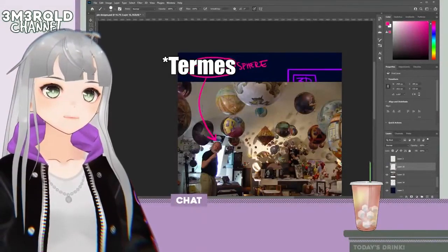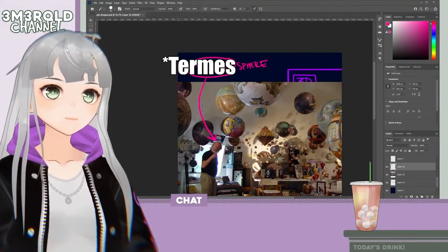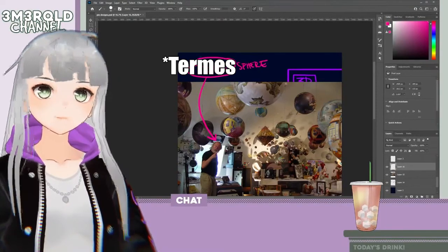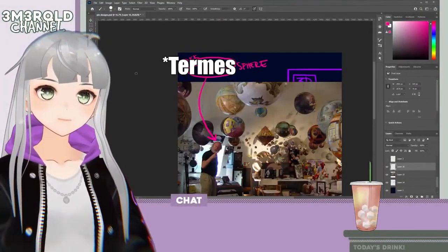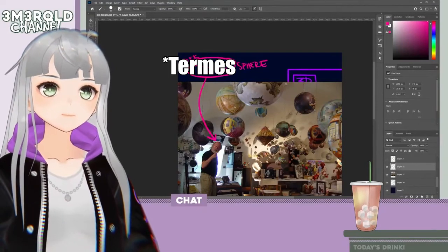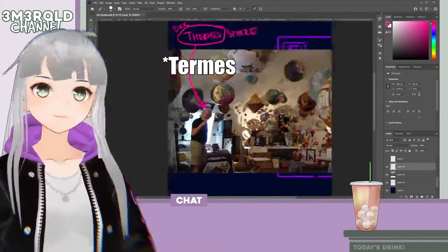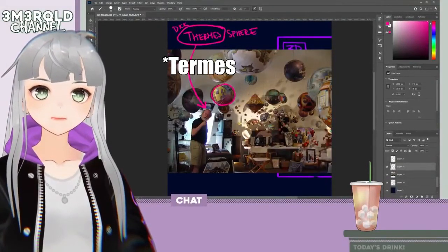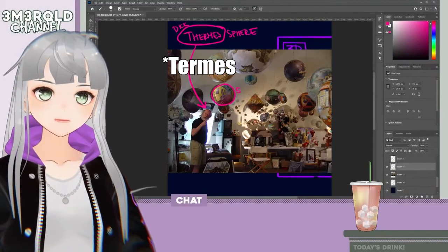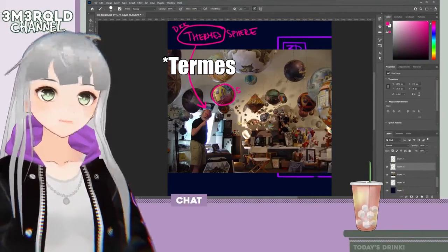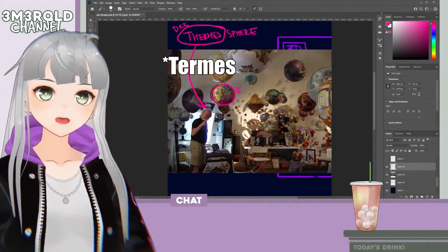I think that's how you spell the name. His name is Dick Terms. And this is a Terms sphere. This is 5-point perspective, right? 1, 2, 3, 4, 5.